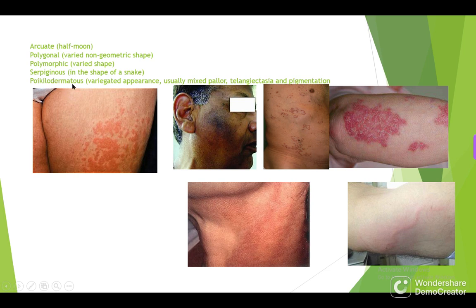And this is the serpiginous type, and the poikilodermatous, variegated type of appearance. Variegated, different types of lesions.